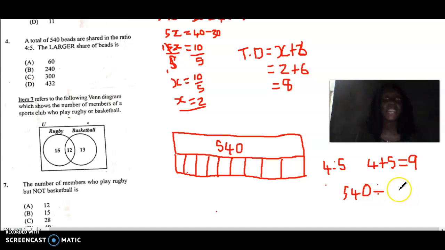Okay, so my diagram is not drawn to scale. All right, so that would give us 60. So this portion is 60. All of these portions are equal to 60. All right, so we'd go all the way down.